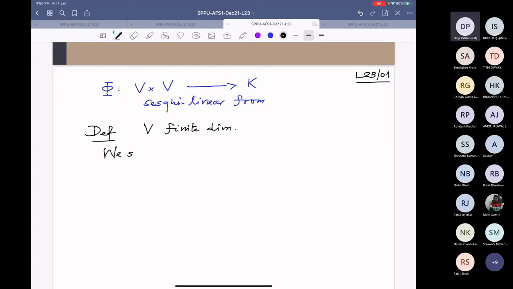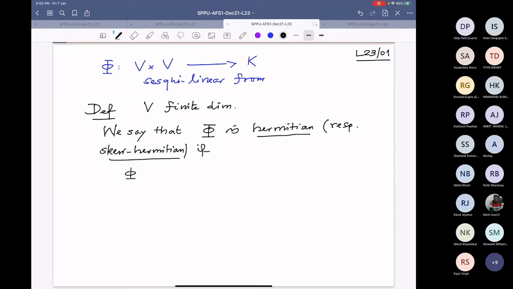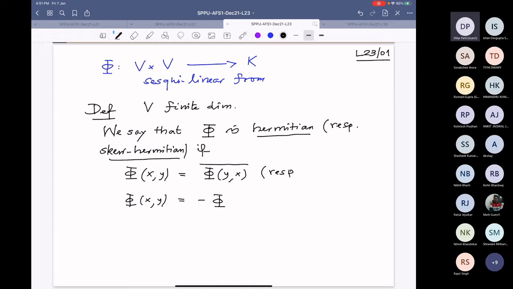We say that phi is Hermitian, respectively skew Hermitian, if phi of xy equals phi bar of yx bar, respectively phi of xy equals minus phi of yx bar.